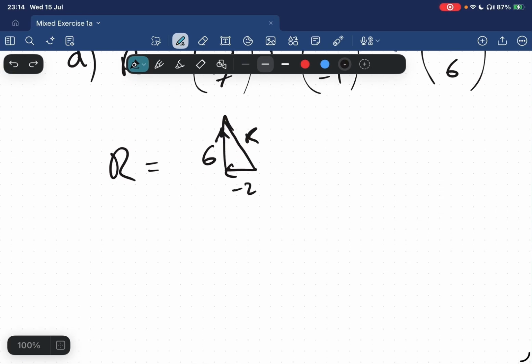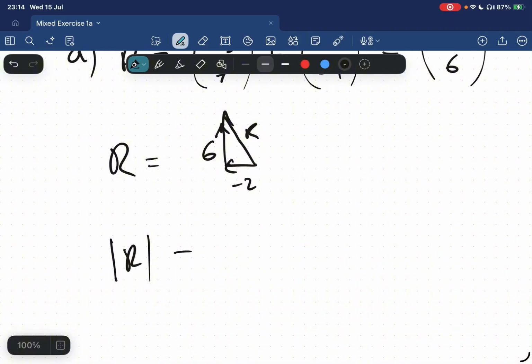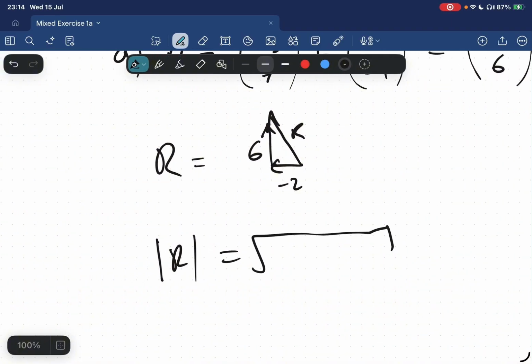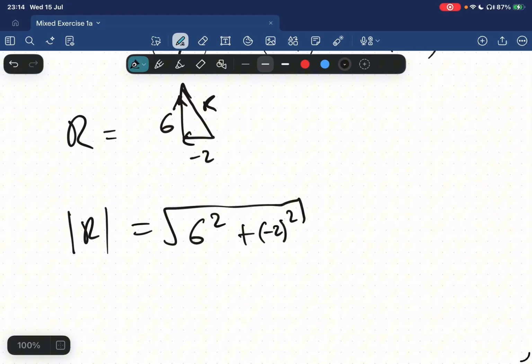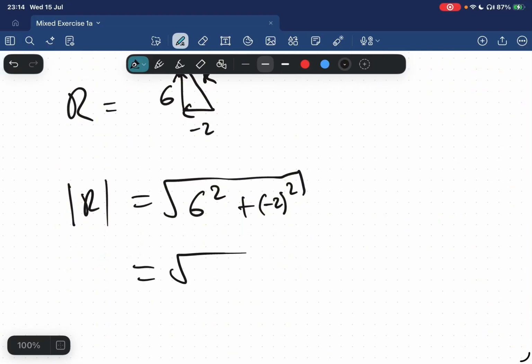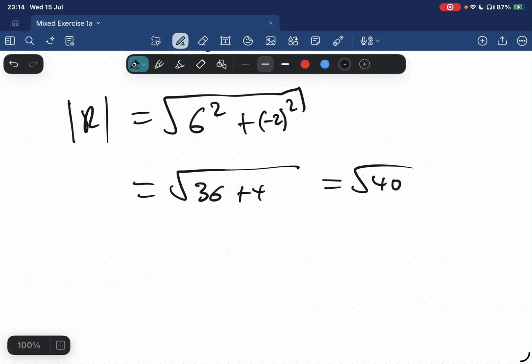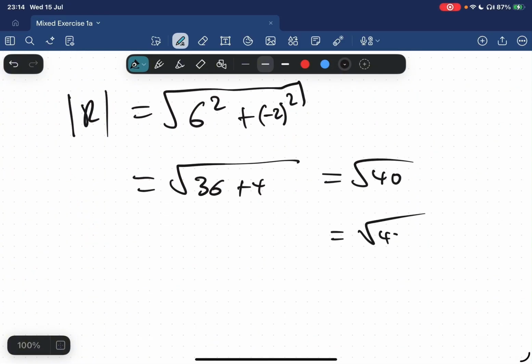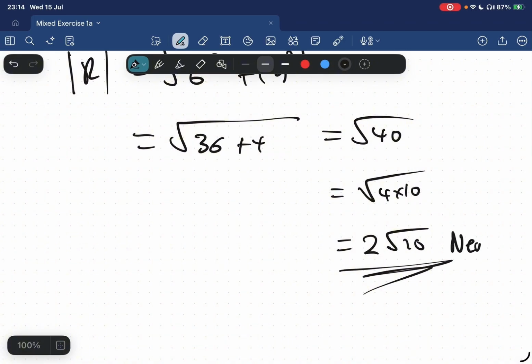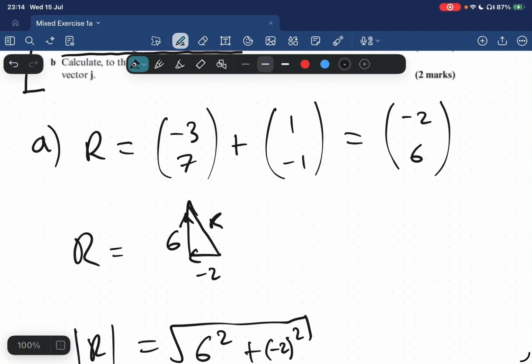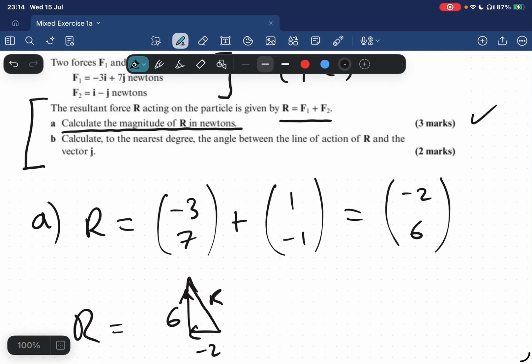So the magnitude of R, the length of R, is by Pythagoras 6 squared plus 2 squared. You can say negative 2 here, but I just did 2 squared. So this is square root 36 plus 4, which is square root 40. I'm sure you all know how to do this bit, and you get 2 root 10, and your units here are newtons. Perfect. That's question A.